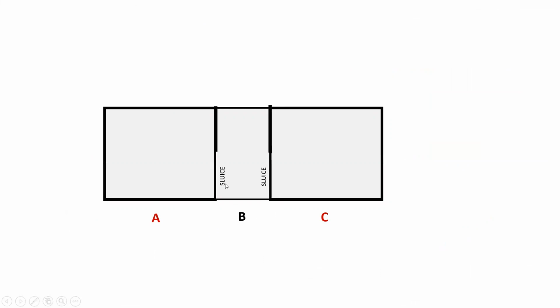This box contains a sluice. Sluice is nothing but the gate from which you can move from box A to box C via box B. Now, all three boxes are properly ventilated with an airflow of 1.5 liter per minute.